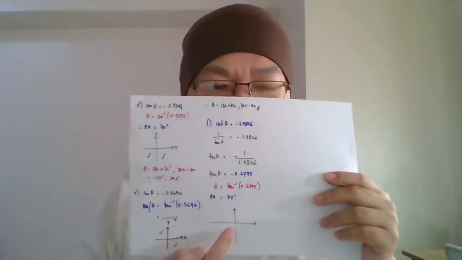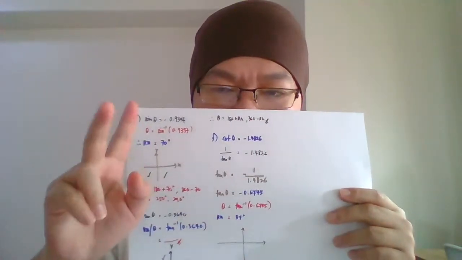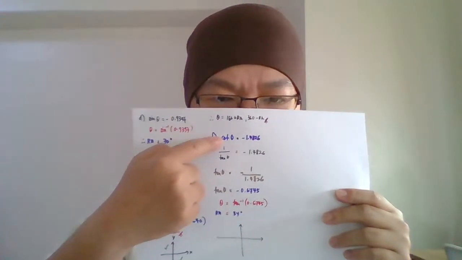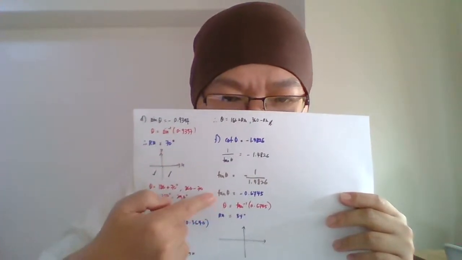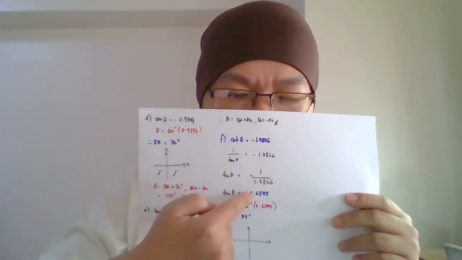So what we need to do next is, as usual, we need to draw the quadrant, so that we look at the tangent. Now after we draw the quadrant, we have two choices here. Either look at cot theta equals a negative value, or we look at tangent theta equals a negative value.